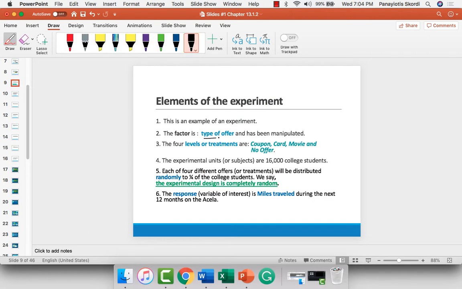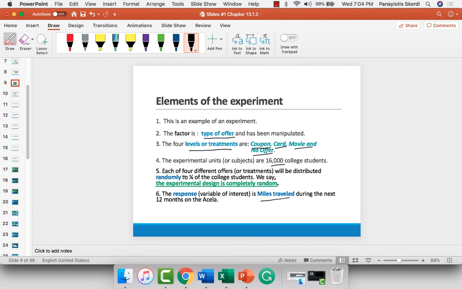The factor is the type of offer. There are 4 levels: 10% off coupon, bonus miles card, a free movie, or no offer at all. The experimental units are the 16,000 students, and the response variable is the miles traveled.